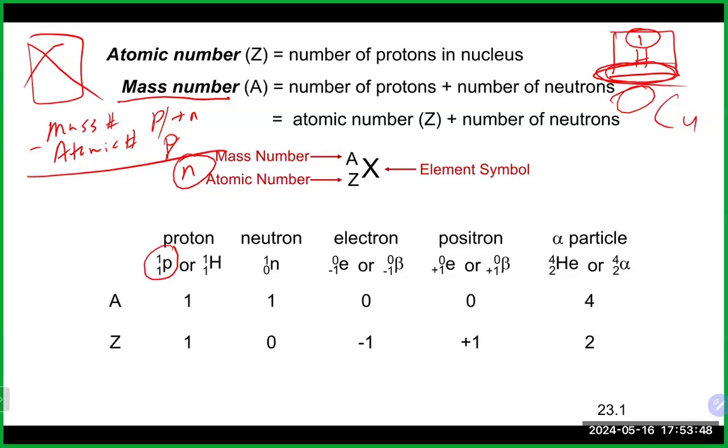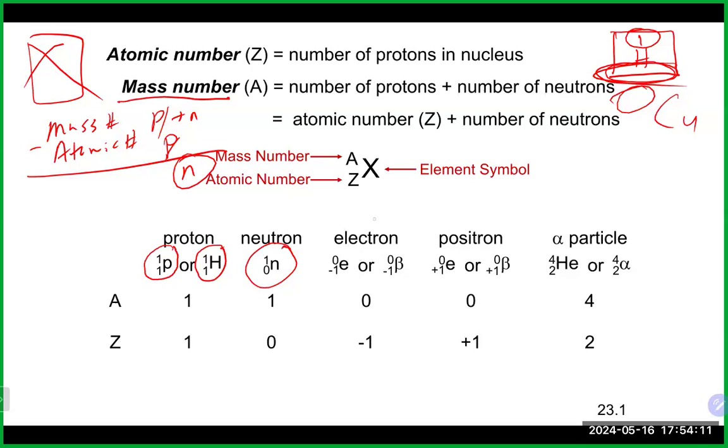And that's because hydrogen is the only element that does not have a neutron, right? Hydrogen has a proton and an electron, but does not have a neutron. Everybody else has it. Hydrogen, the H symbol, can also be used. A neutron, very popular here in nuclear chemistry, is abbreviated with an N, a 1 on top for the mass number, and 0 on the bottom.